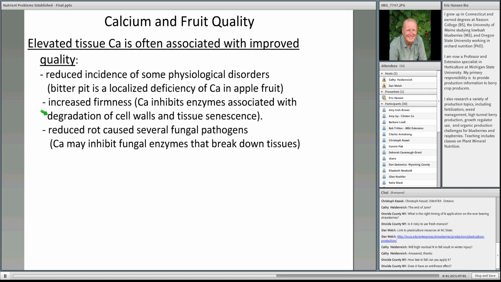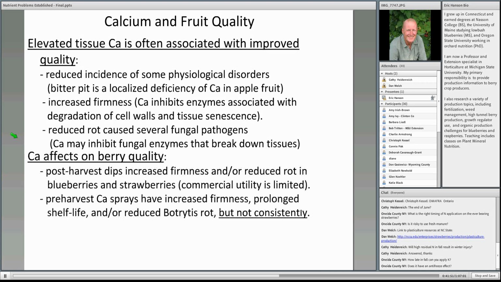And then there's also a reduction in rot that's caused by several fungal pathogens. This may also go back to the inhibitory effect of high calcium concentrations on some of those enzymes that originate from the fungus that contribute to breakdown of the tissue. So all good reasons to think about calcium applications for improving berry quality.